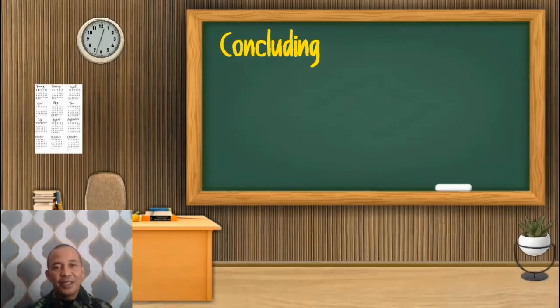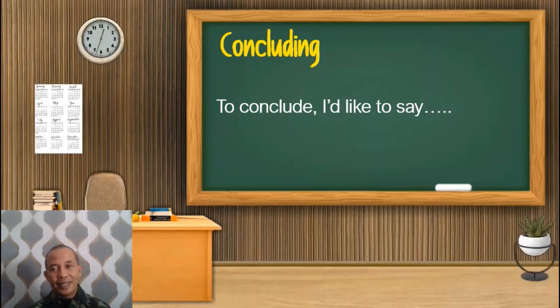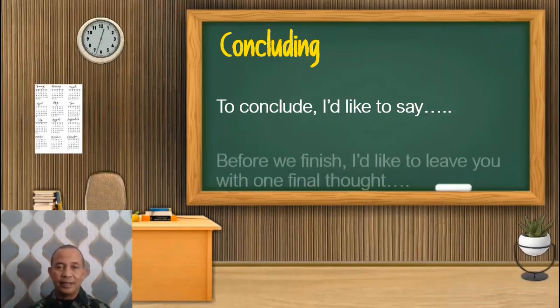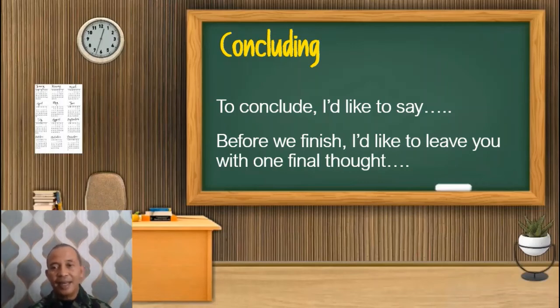After summarizing, usually we conclude the presentation by saying this: To conclude, I'd like to say, and then you mention your conclusion. Or you may say, before we finish, I'd like to leave you with one final thought. At the end of the presentation, of course, the presenter has a purpose or aim for presenting and what exactly they want to say, and sometimes they try to conclude everything in one or two sentences.